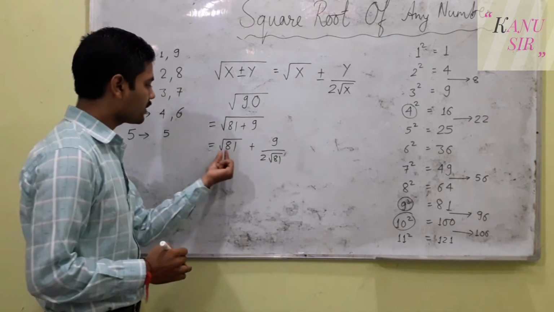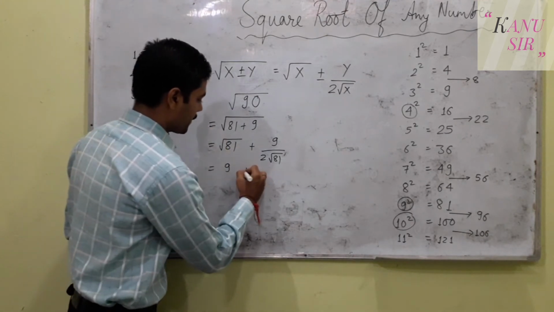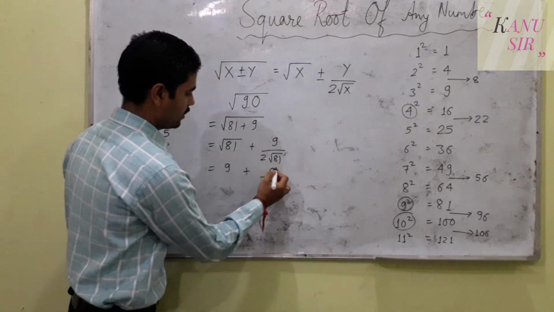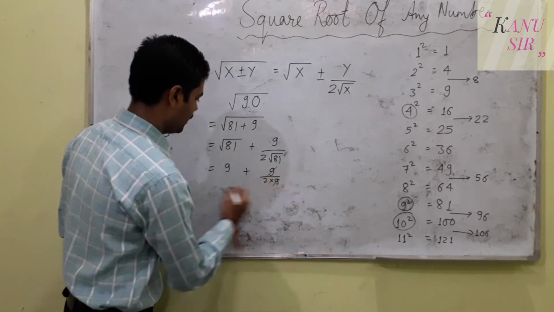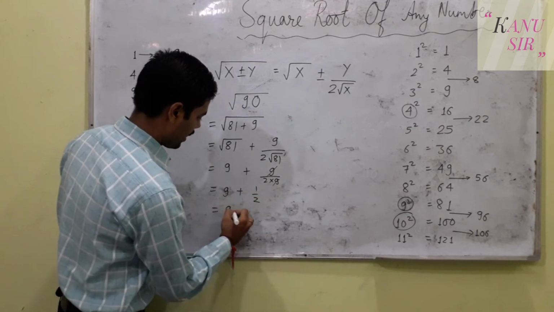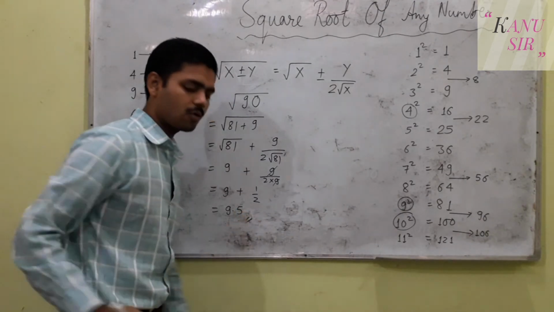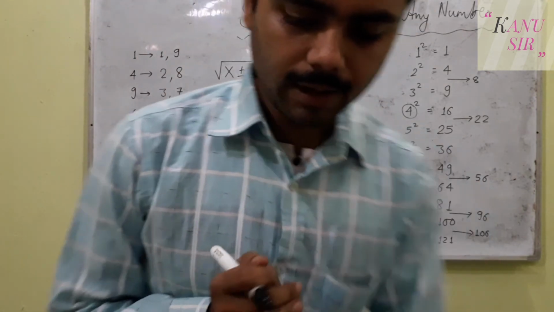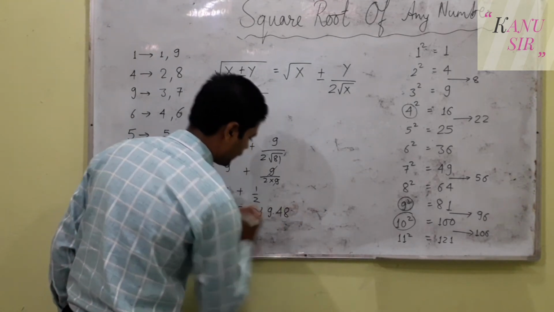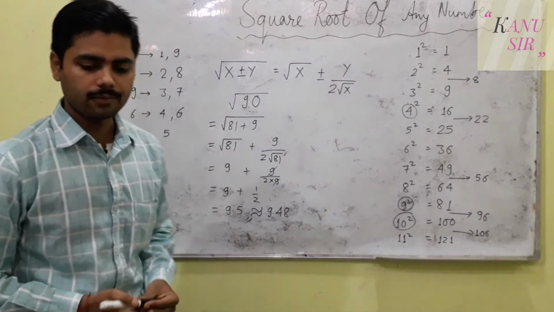It means the square of the same number. So 81 is the square of 9, plus 9 over 2 times 9. It is divided: 9 plus 1 by 2, that is 9.5, because 1 by 2 is 0.5, but the answer in your calculator is around 9.48. So rounding off 9.48 we get 9.5.